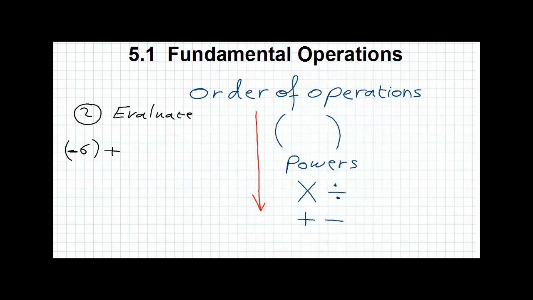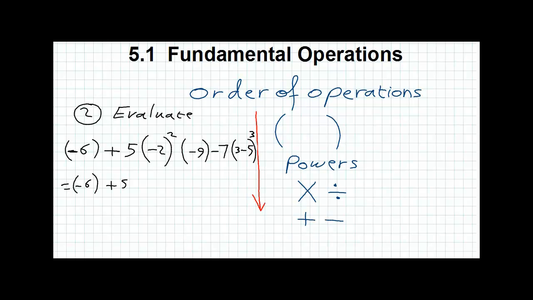-6 plus 5 times (-2) to the power 2 times -9 minus 7 multiplied by (3 minus 5) all cubed. First, we will do what is inside parentheses. So it will be -6 plus 5 times -2 squared times -9 minus 7 multiplied by -2 cubed.